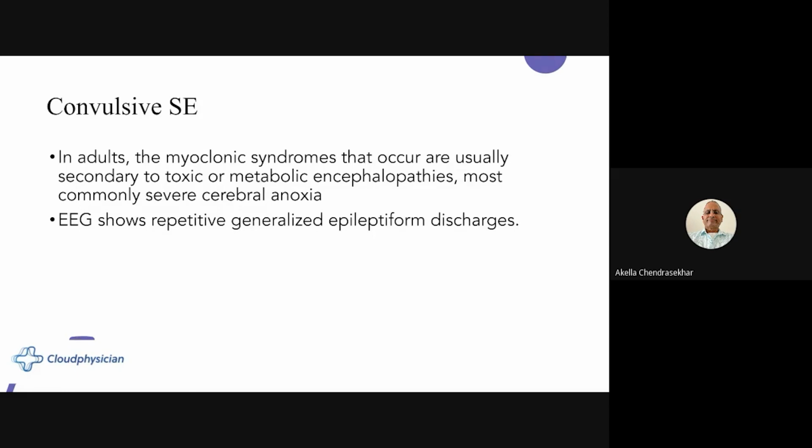Again, you don't necessarily need an EEG. EEG is nice, it's a confirmatory test, but it is not necessarily a needed test. You can get to your diagnosis clinically, and it's important that we do that. Next slide.